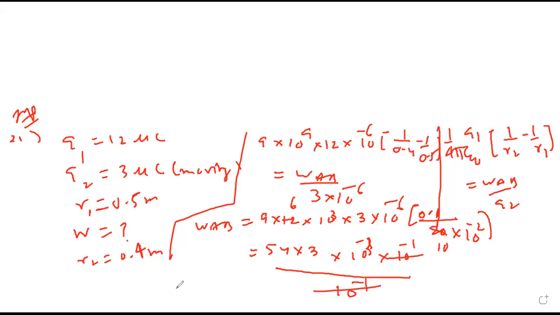Cancel. 3 into 4, 12. 3 fives are 15, plus 1, 16 into 10 raised to minus 3 joules. Check now whether we have this option, 162. Nowhere it is matching.